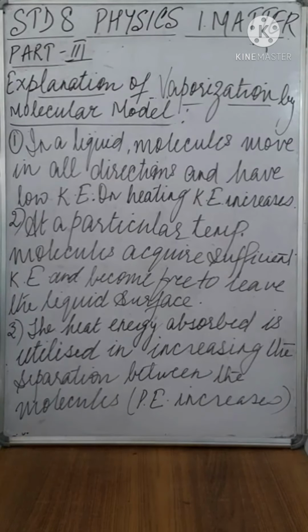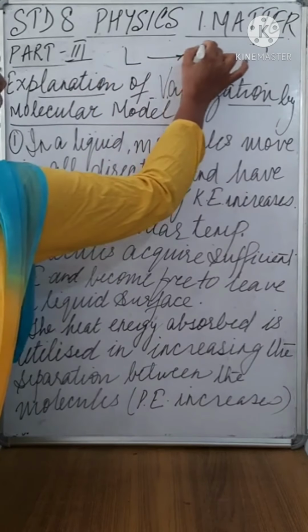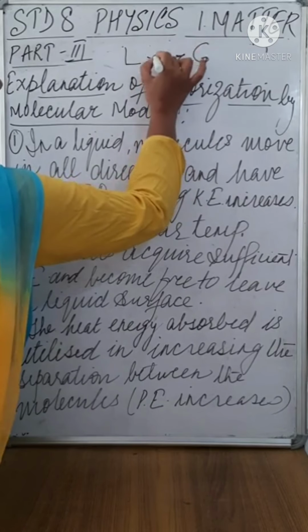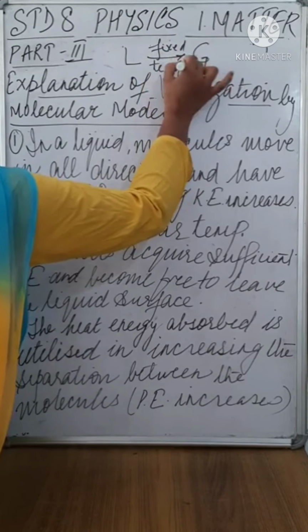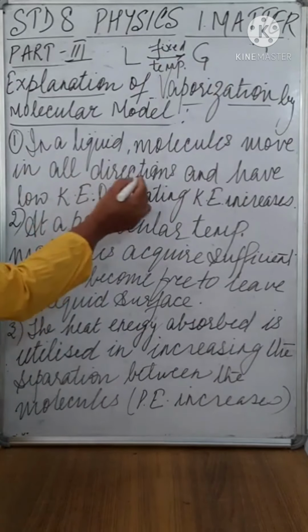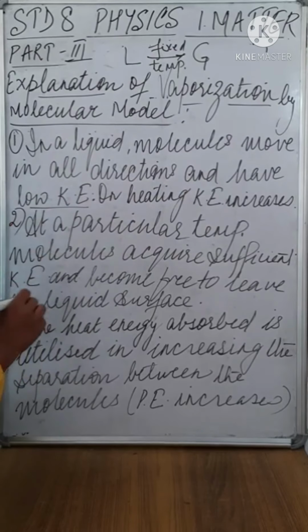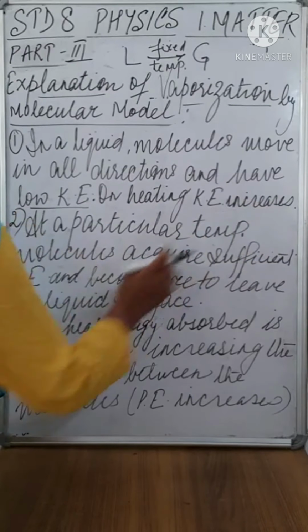Next one is explanation of vaporization by molecular model. Vaporization is the process of change from liquid to gaseous state at a fixed temperature. Alright. So in a liquid, the molecules move in all directions within the container and have low kinetic energy. On heating, the kinetic energy of the molecules increases.